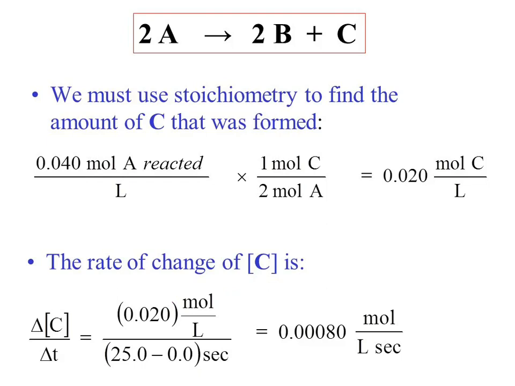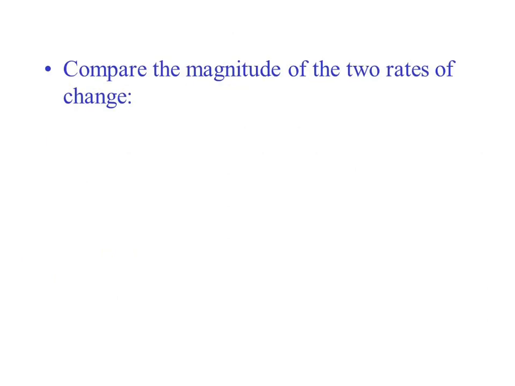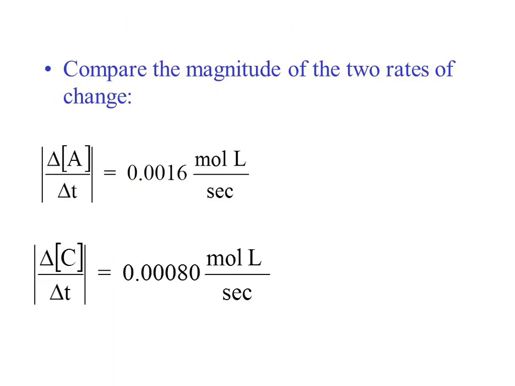Okay, so the rate of change of C was positive over that same interval because it's a product. And it was 0.0080 moles per liter per second over that same interval. So you have A and then you have C. The rate of change of A, the rate of change of C. So here they are side by side.